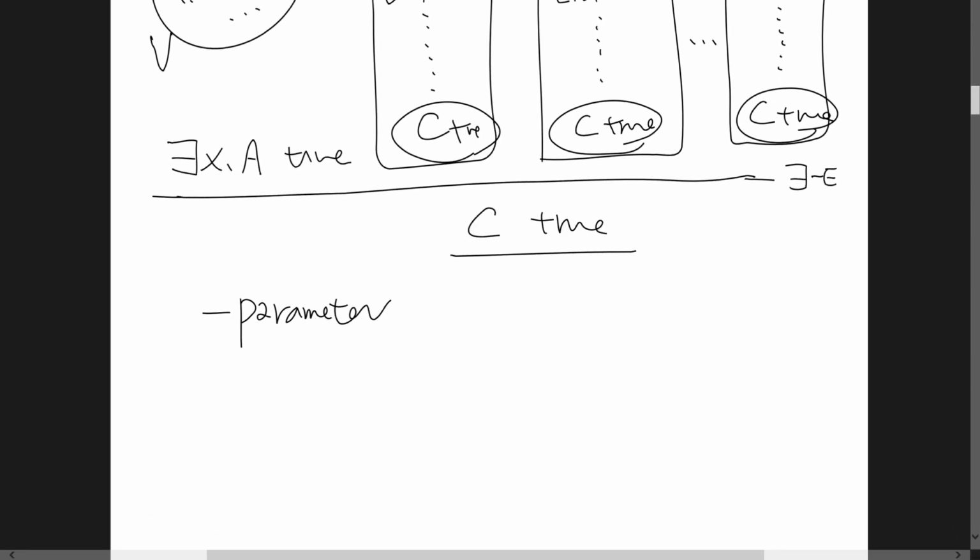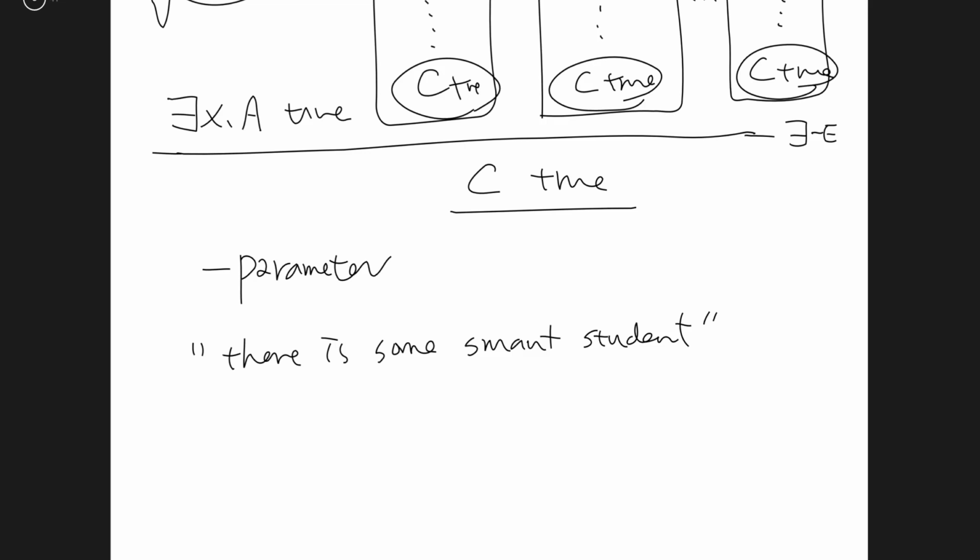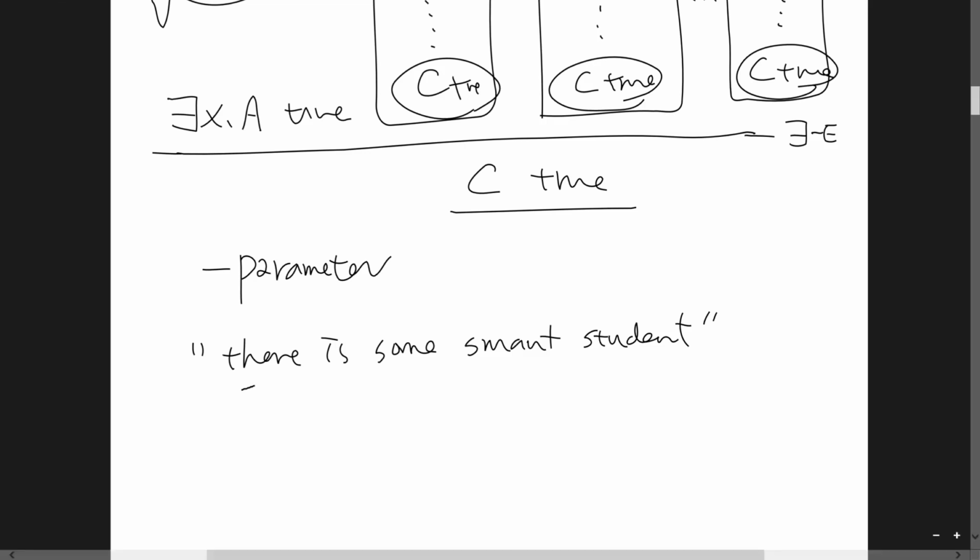Here's an analogy using an example. I'd like to show that there is some smart student here. So this is basically there exists some student X and he is smart, or something like this.